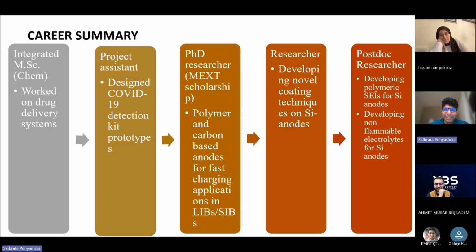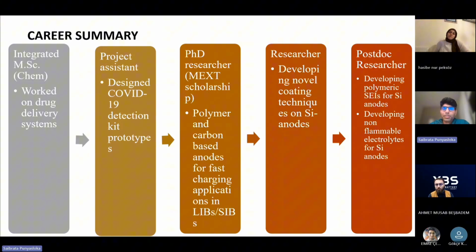I was applying to different scholarships, of course, because it's difficult to do without one. It's much easier if you're getting a scholarship, honestly. I was lucky enough to get the Japanese government scholarship, called MEXT in English, and I joined a polymer-based battery lab, so I happened to work on polymeric materials.